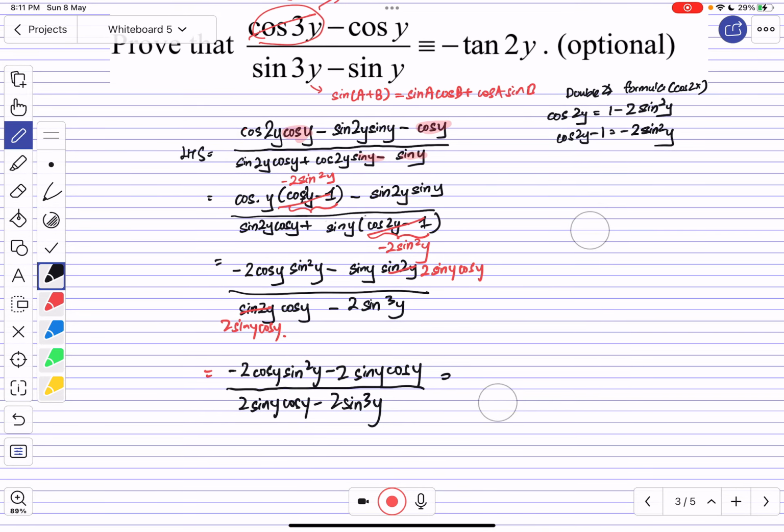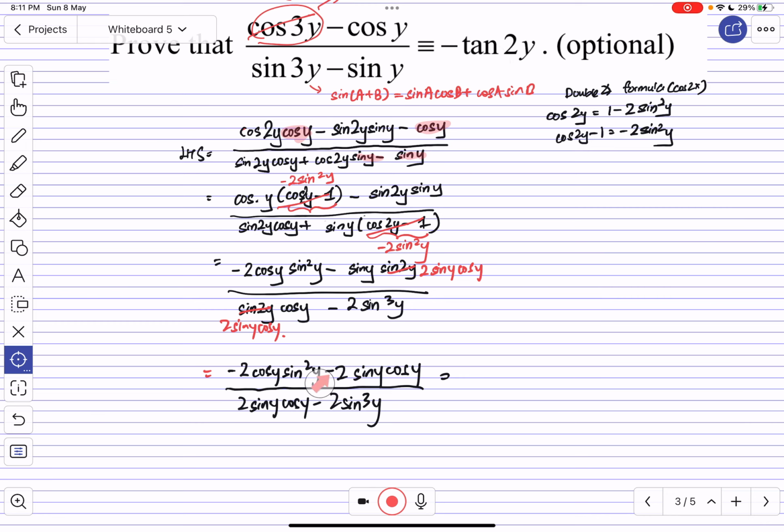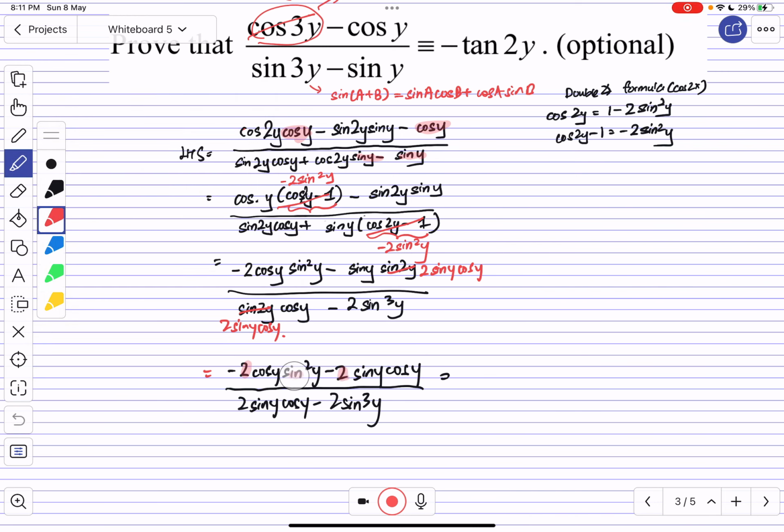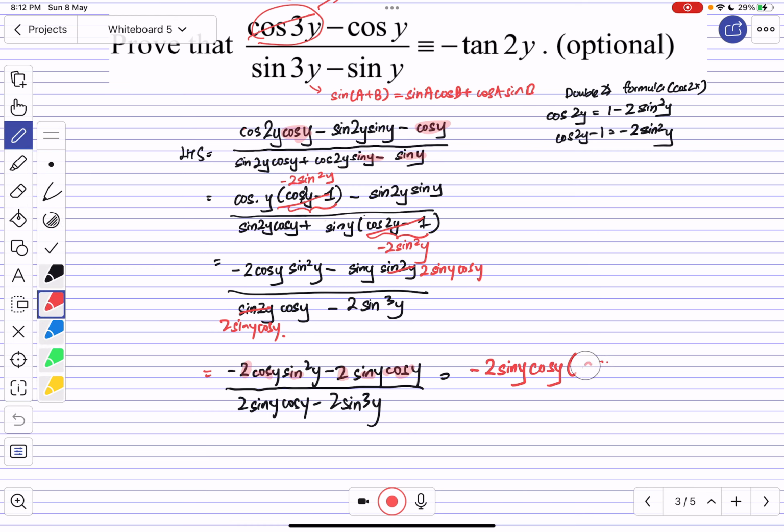Again, because I'm looking at my denominator, I'm looking for things to cancel off. What I see here is both seem to have a 2, a sine, a cosine for me to retrieve. So for the numerator, I'm going to happily take out negative 2 sine y cos y, leaving cosine y, sine y in the center, and minus 1.